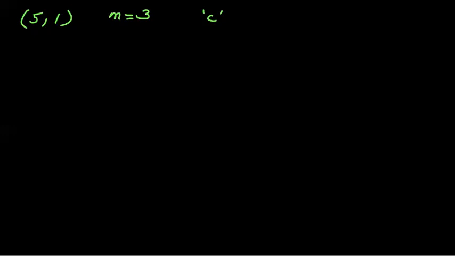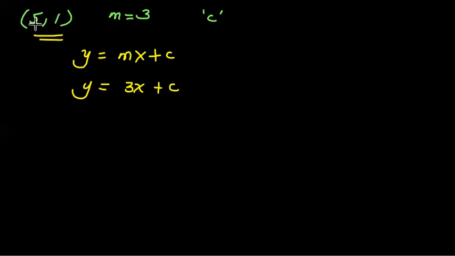So I'm going to start with my general equation of the line: y is equal to mx plus c. And then I'm going to start putting what I know. y is equal to 3x plus c. And I know it passes through here. So when y is 1, x is 5.